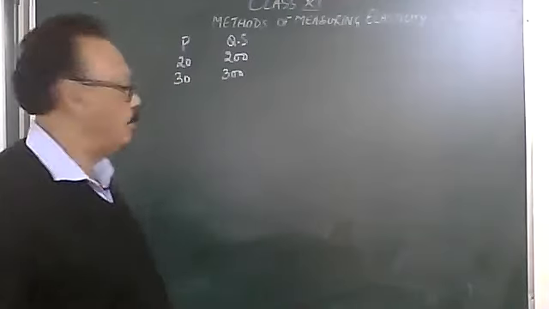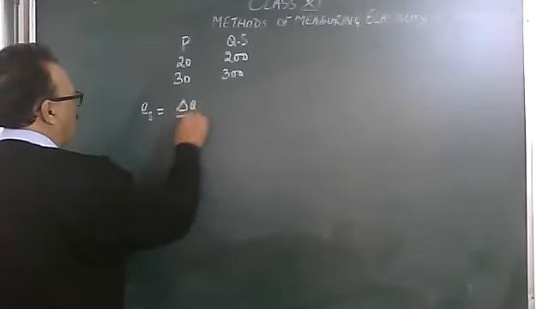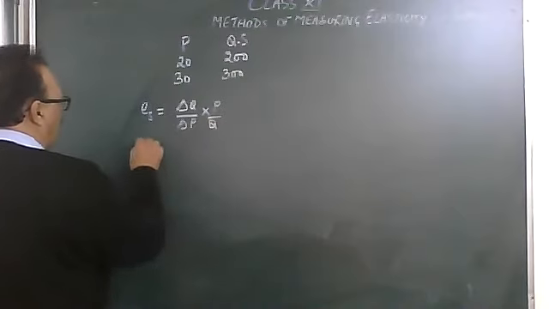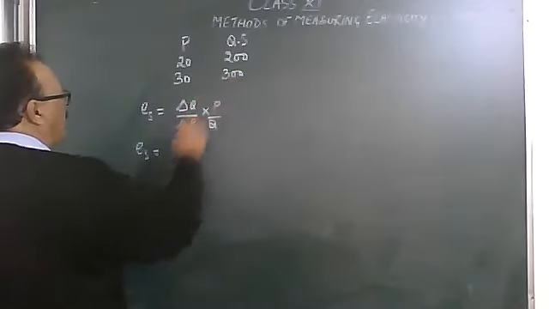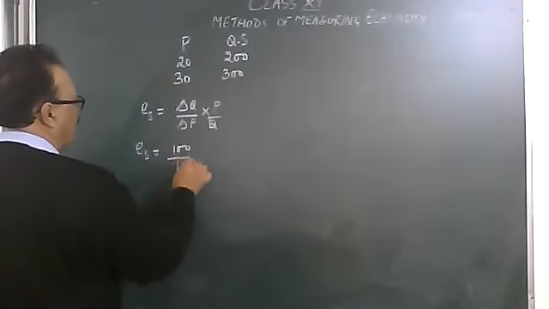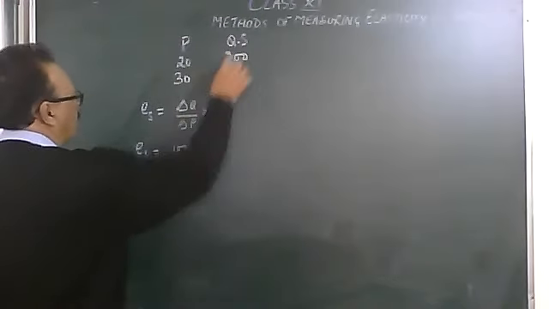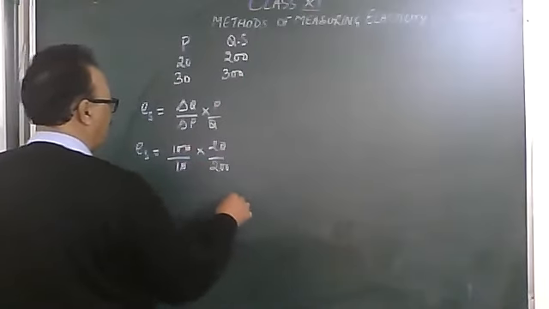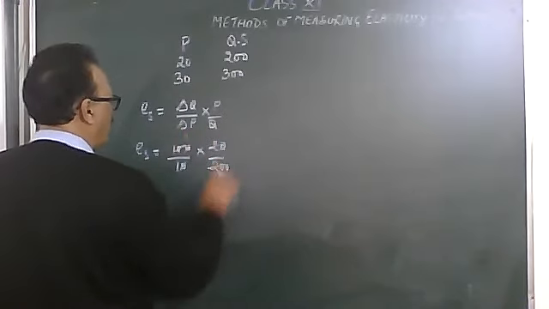So ES, elasticity of supply, is delta Q upon delta P into P upon Q. Change in quantity from 200 to 300 is 100. Change in price from 20 to 30 is 10. Original price is 20. Original quantity is 200.